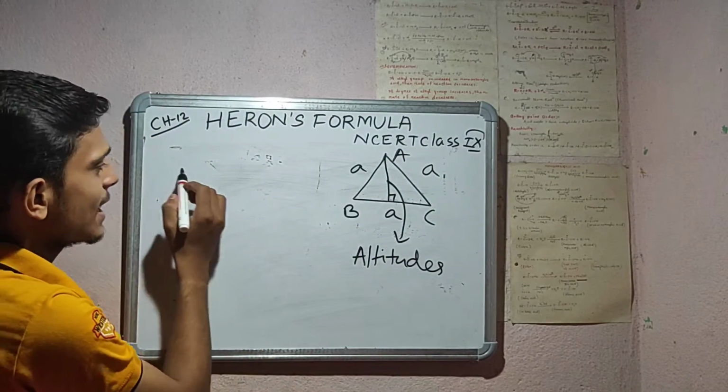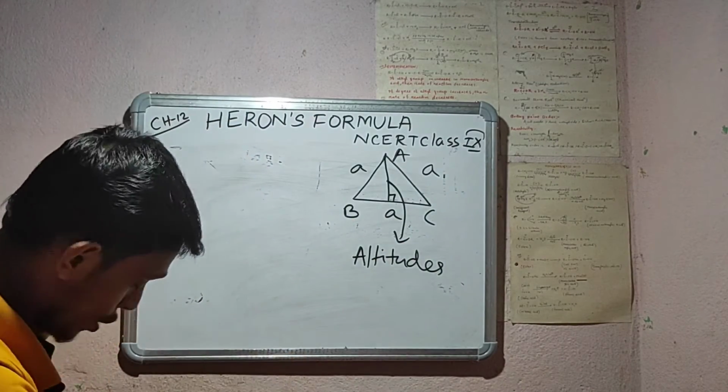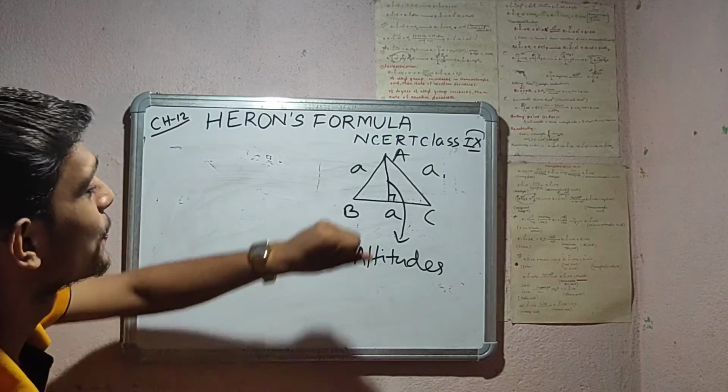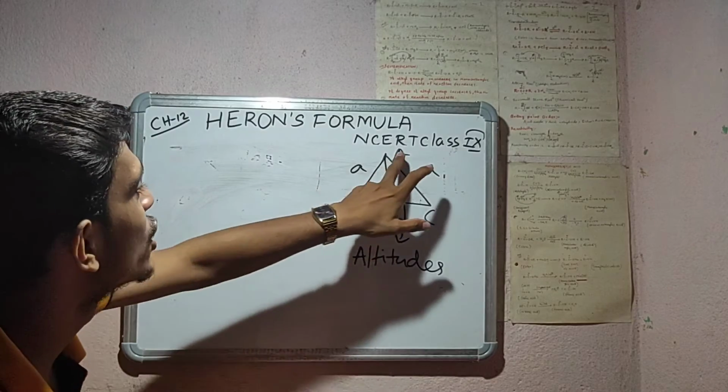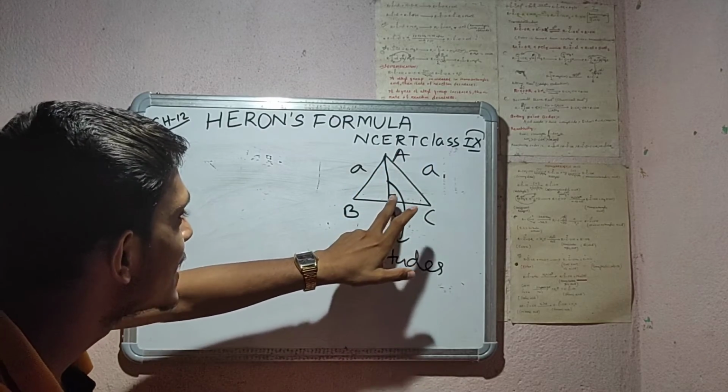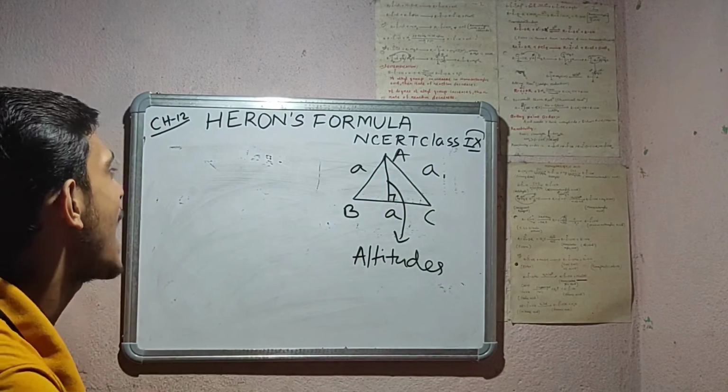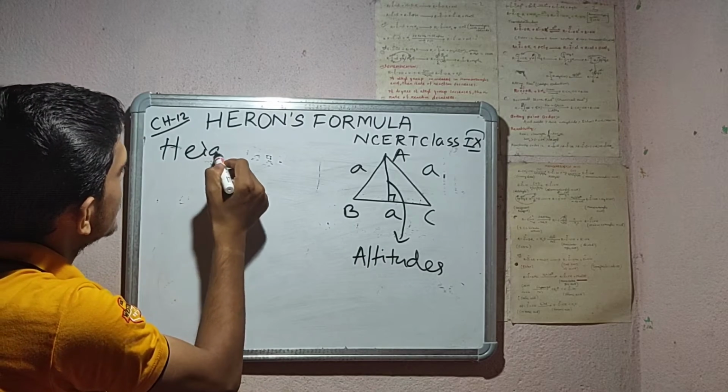Okay. So in this case, we can find the height because we know that in an equilateral triangle and also in an isosceles triangle, the height bisects the base. Height bisects the base.